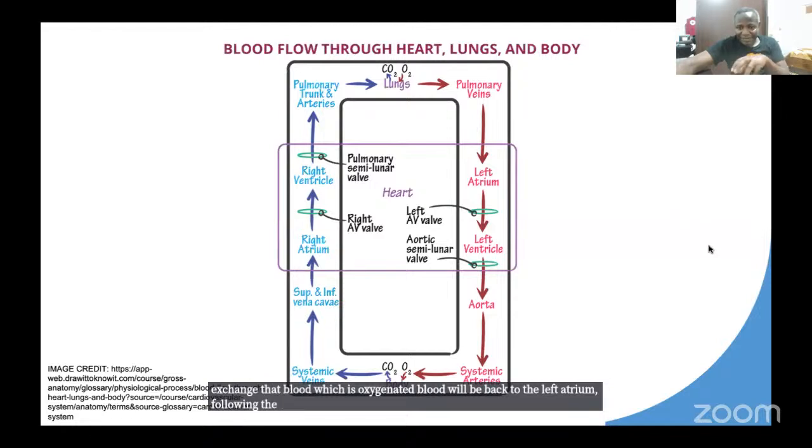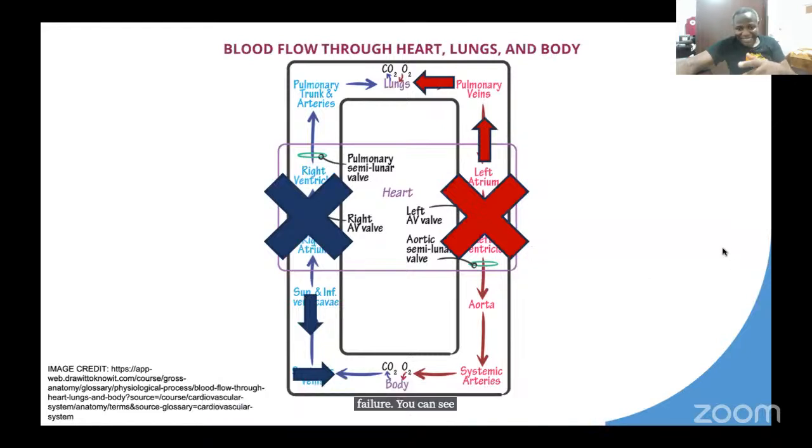When it reaches the left atrium, it will be kicked down to the left ventricle, passing through the left atrioventricular valve, which is called mitral. Then through the aorta, the blood will be pumped into the systemic circulation back to the body. So now, what happens in congestive heart failure?